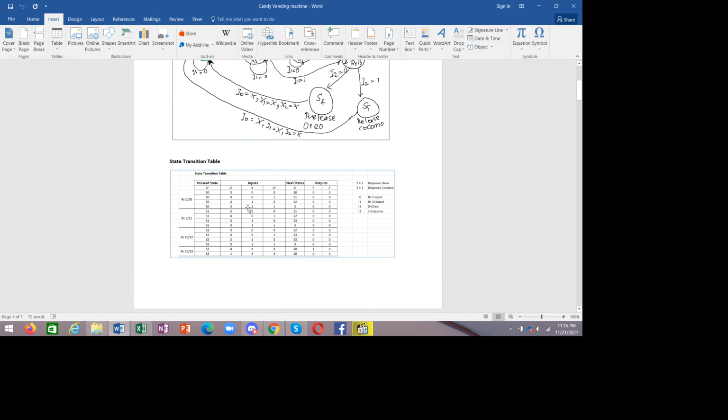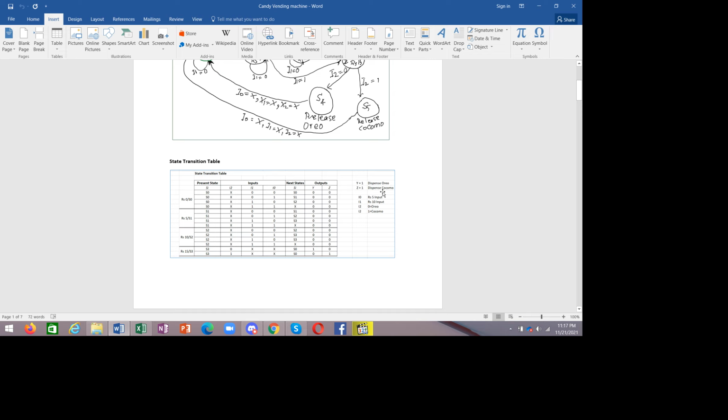Going on to the transition table now, I've taken two outputs, right? The final output is Cocomo or Oreo being released from the vending machine. So I've taken two variables, y and z. When y is equal to 1, we give the user Oreo.